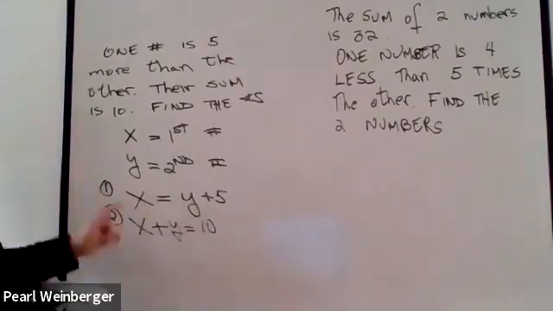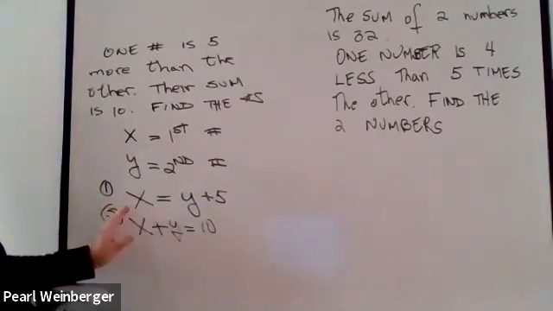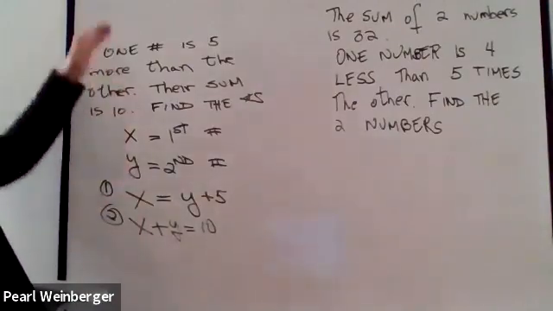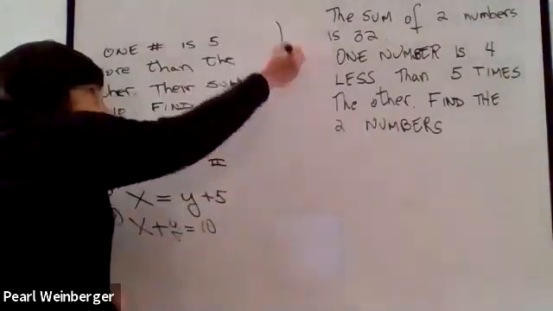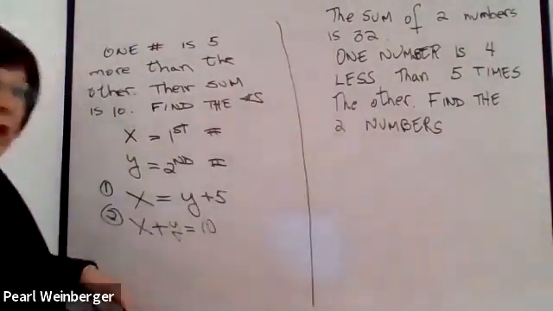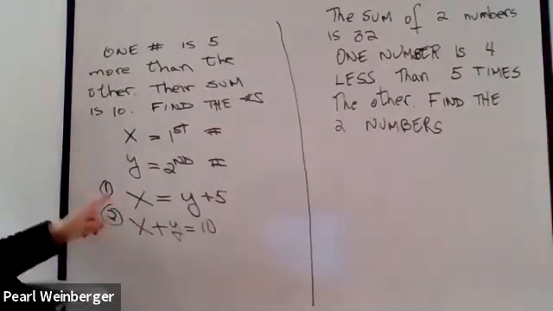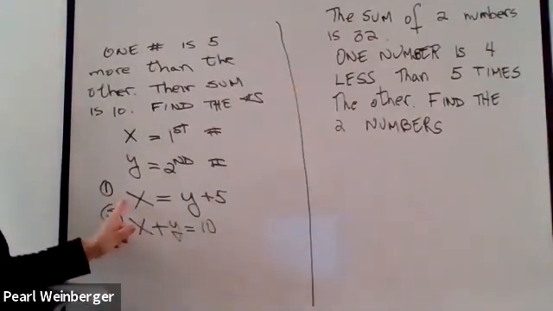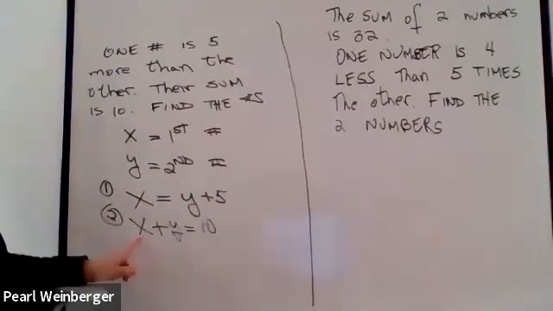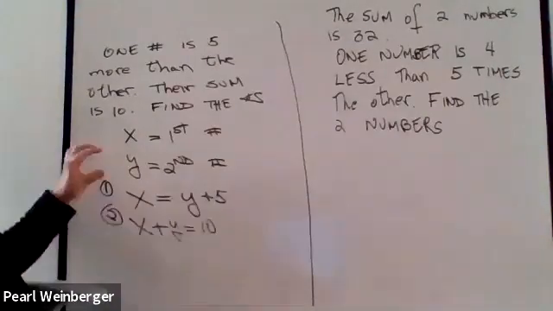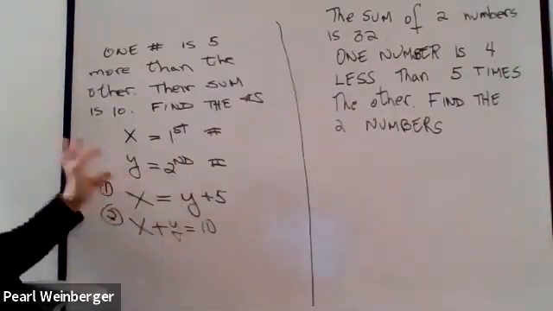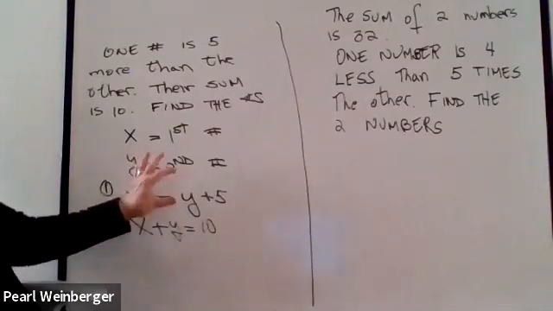All right, so I look at this system of equations from this first problem. My first equation says x equals y plus 5, and my second equation says x plus y equals 10. My first equation explicitly tells me what x is in terms of y.